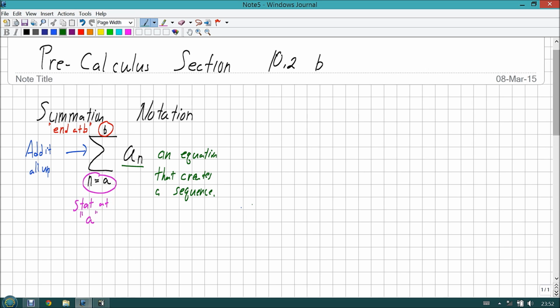Now, whenever we have these, this is what's called a series. Now, what is the difference between a series versus a sequence? It's really easy. A series is a sequence that's added up. So every series has a sequence within it.